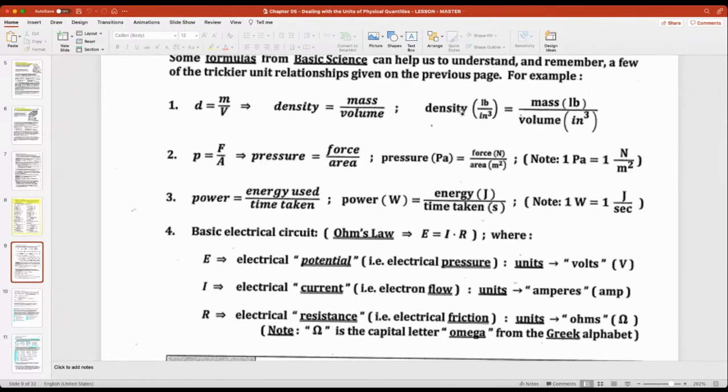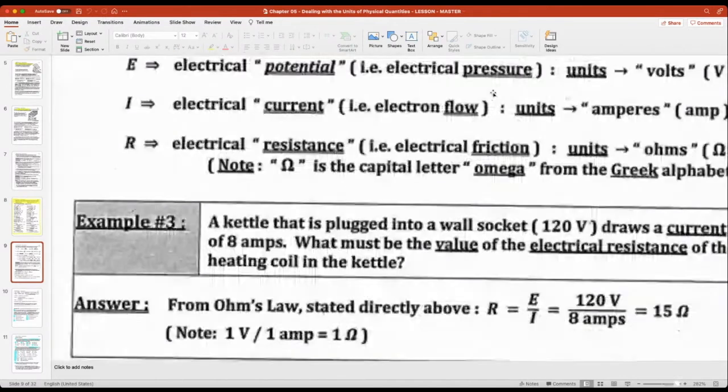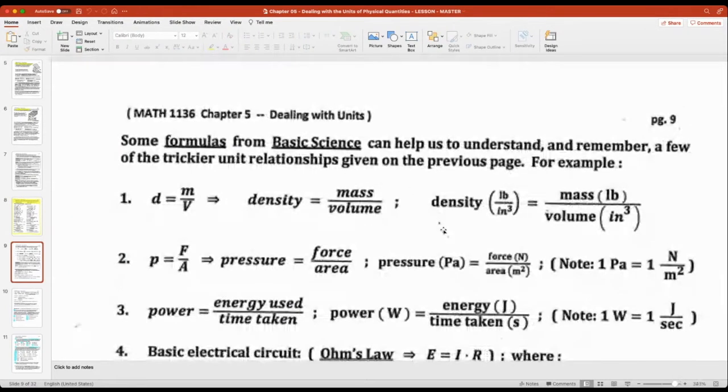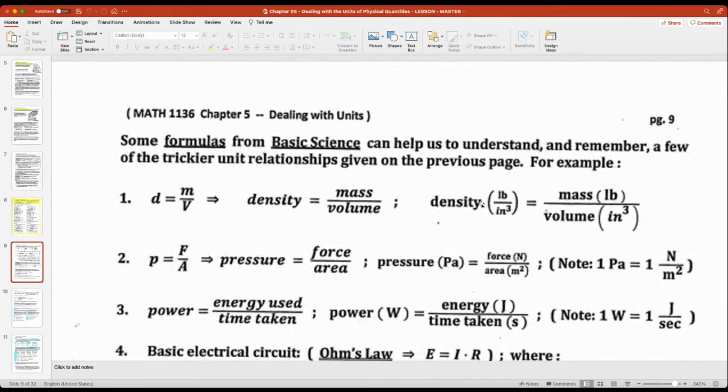What I mean here is like this. Density, let's just make it larger there. Density, for example, is pounds per cubic inch. I know pounds represents mass, and I know cubic inches, the cube really gives it away, is volume. So we have pounds per cubic inch, or mass over volume. So sometimes the units, if they're this extensive, pretty much give you the formula.